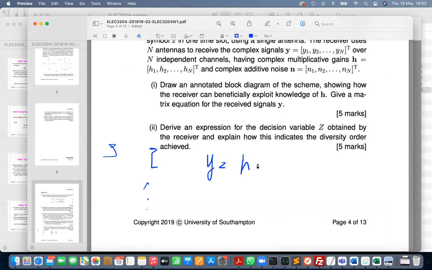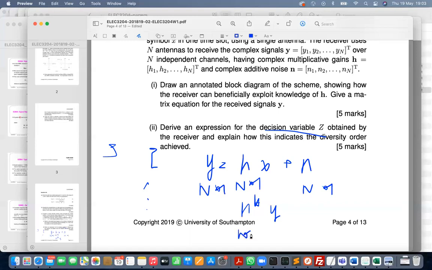y equals h x plus n. So this is n by 1. This is n by 1. This is n by 1. And then the decision variable here can be obtained by the Hermitian transpose of h multiplied by y. So this is 1 by n.